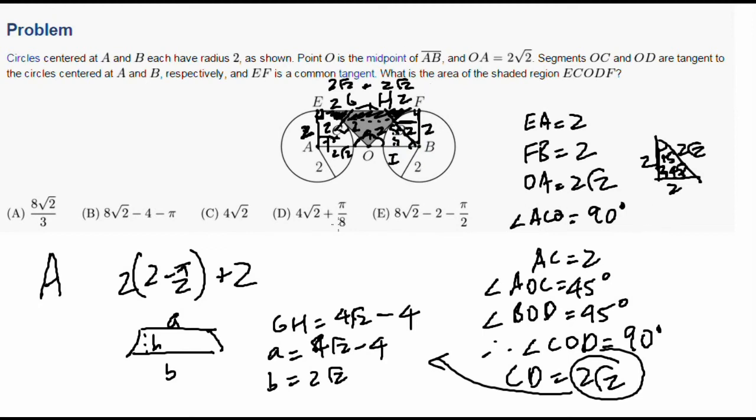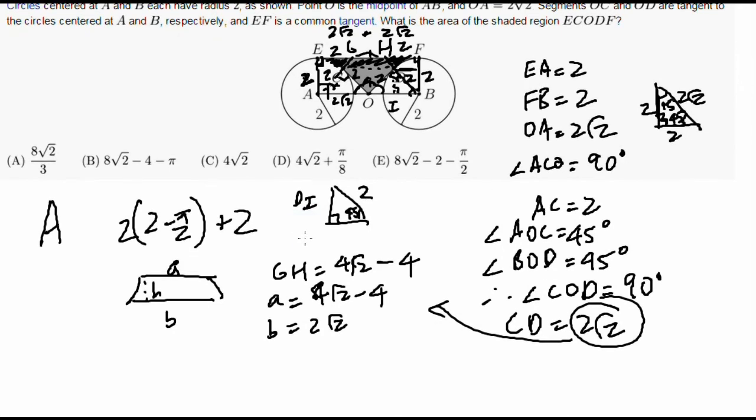then the triangle sort of looks like this. 2, 45, and that right angle. And this is DI. DI would equal 2 over root 2, which is just 2 square root 2 over 2, which is root 2.